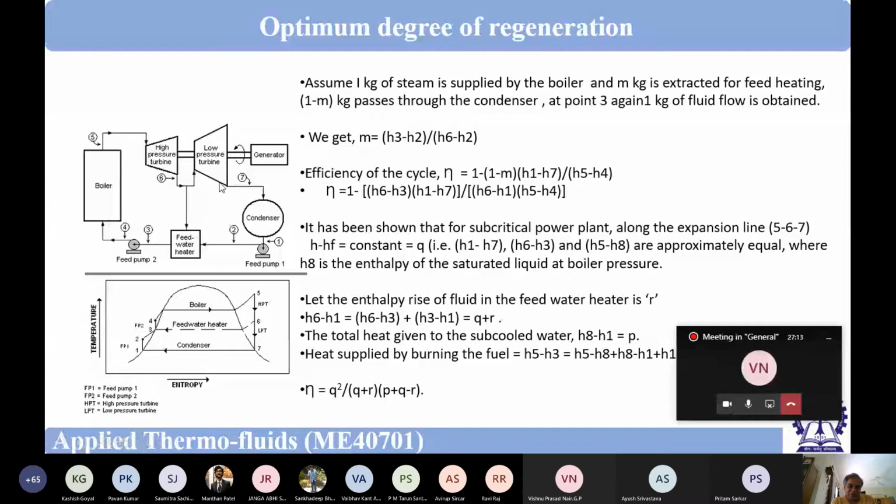So at each and every point, there will be heat transfer between the expanding steam and the water which is moving backward to the high pressure direction. And this heat transfer is ideal so that there is temperature equality at each and every point. So then we will get Carnot efficiency, but obviously we will not produce any work.